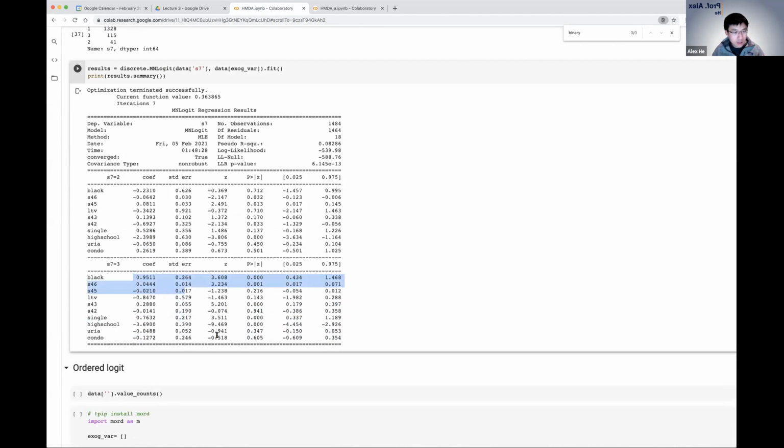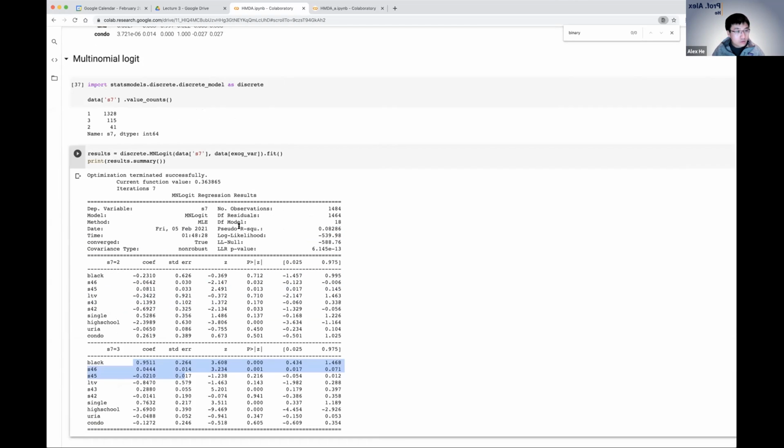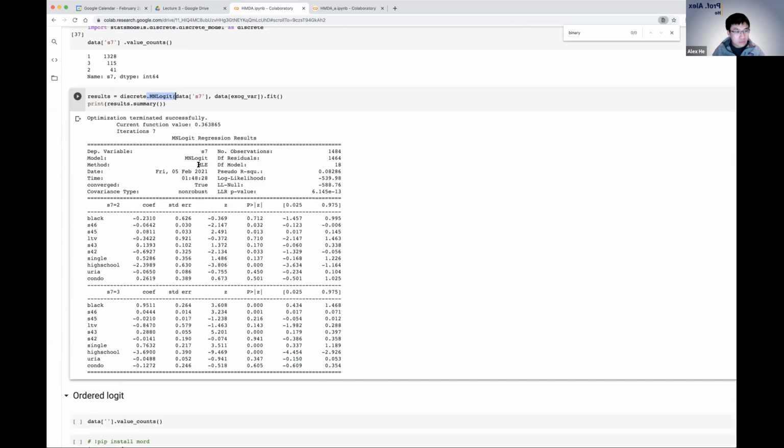Okay. So those signs also have meanings here. But again, if you want to know the marginal effect, you have to do the marginal effect calculation, and you can also do prediction. It's just the same thing as before, because this is all in the same library.